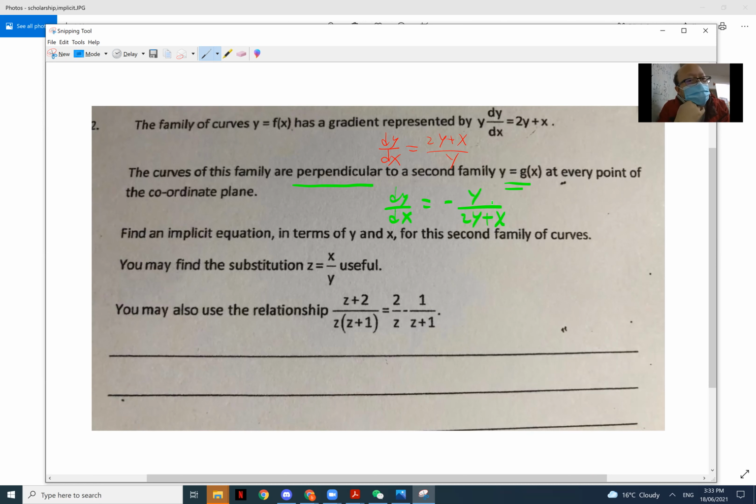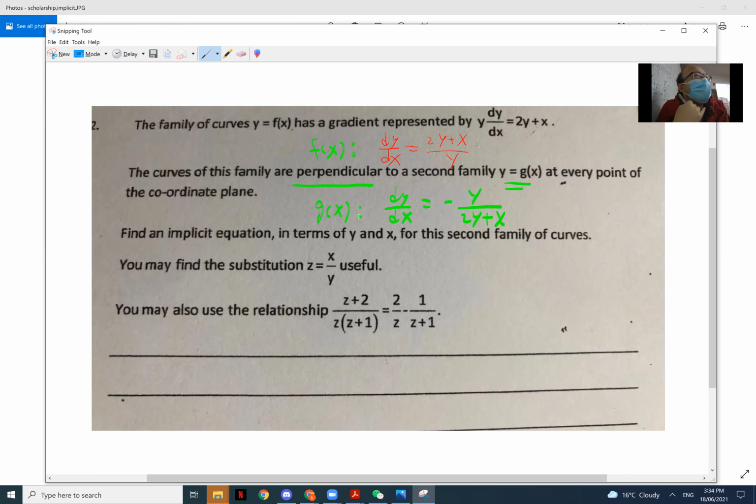Any question up to here? This is for f(x), satisfied here? Cameron? g(x) is about here. You understand the idea? But you just use y.